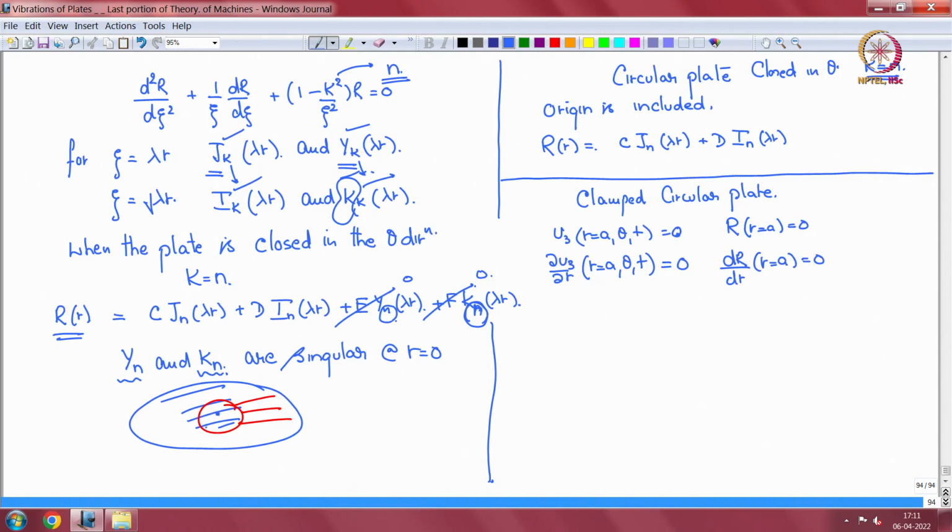Okay, so if we subject this to these two conditions, we get two equations.